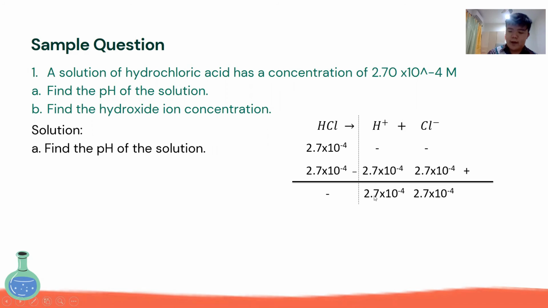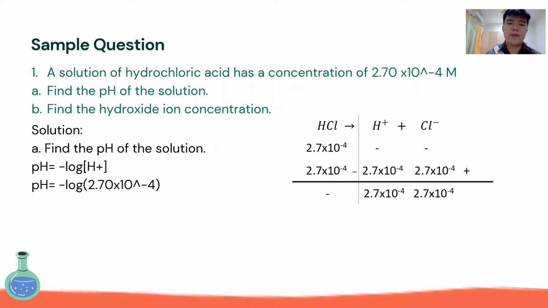With this, we can find the pH, which is equal to the negative log of the concentration of hydrogen ion. Then we insert the number. pH is equal to negative log of 2.7 times 10 raised to negative 4, and we will get the pH of the solution as 3.56.